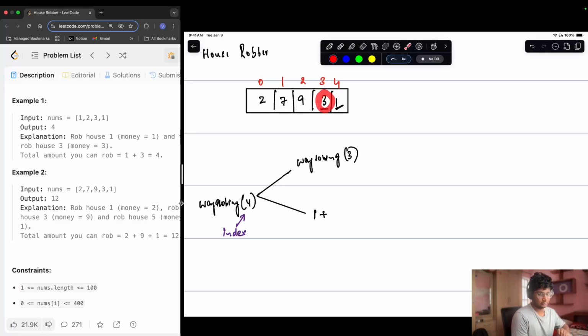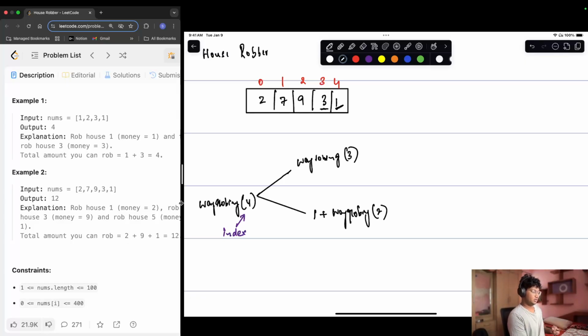If I pick 3, the cops will be alerted. So I cannot pick 3, but I can pick 9. So I will call ways of robbing 2. 2 is the index, 3 is the index. Perfect, so we have found two of our conditions.